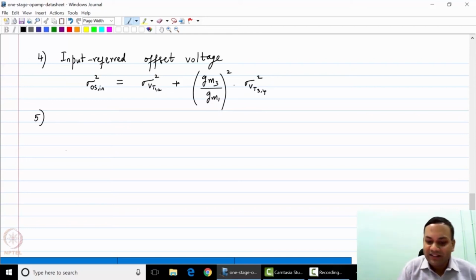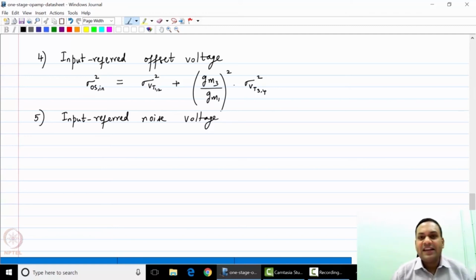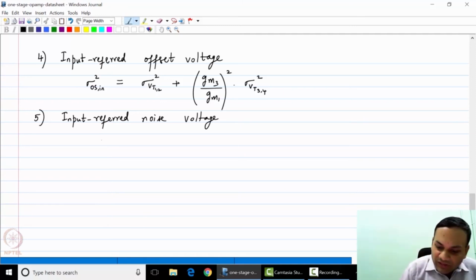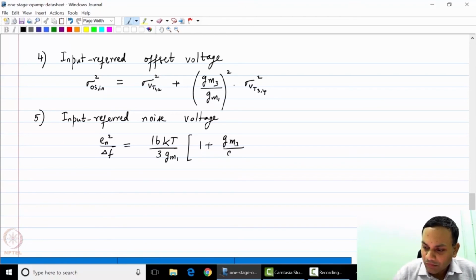The fifth term that we are interested in is the input referred noise. In this case, because the op-amp has an infinite input resistance, we only have an input referred noise voltage, and En squared by delta f is nothing but 16 kT by 3 gm1 into 1 plus gm3 by gm1.